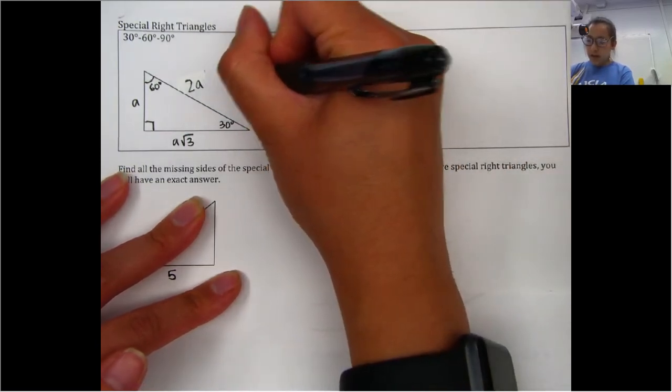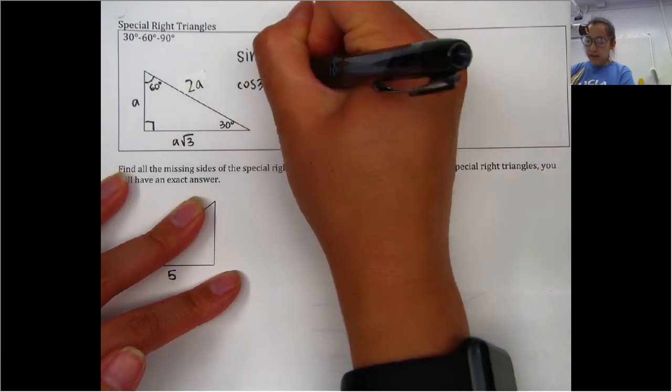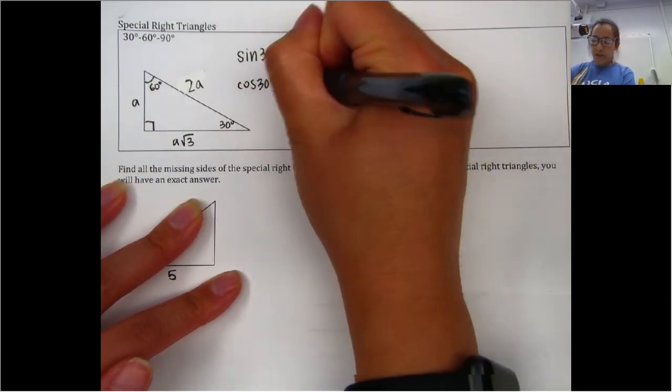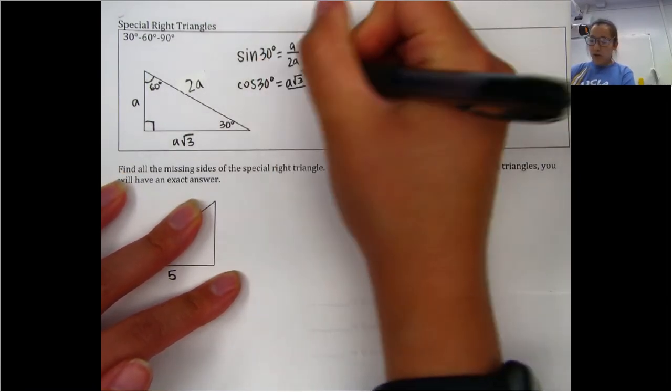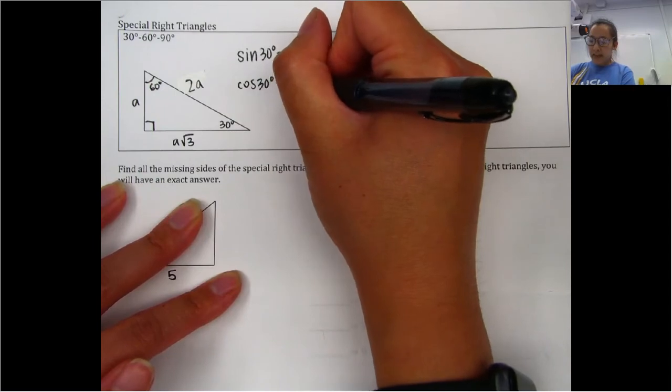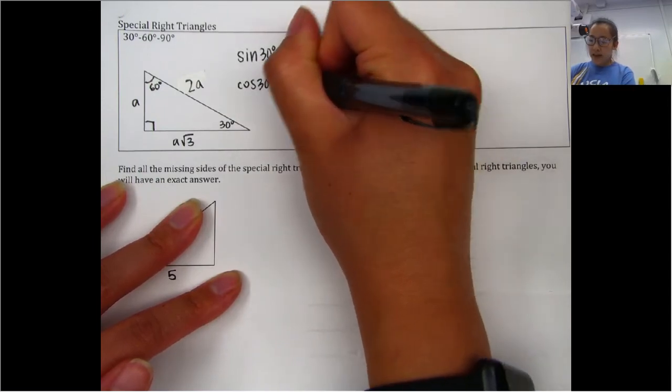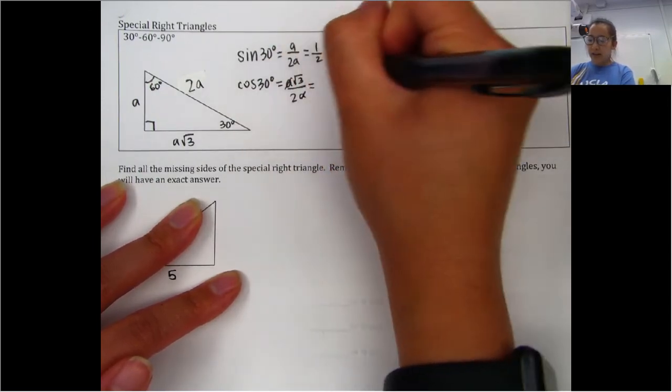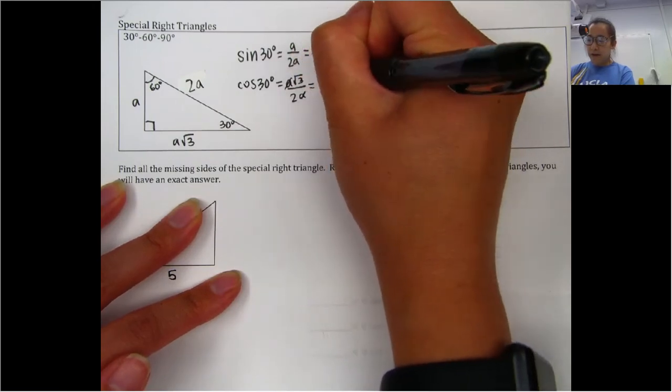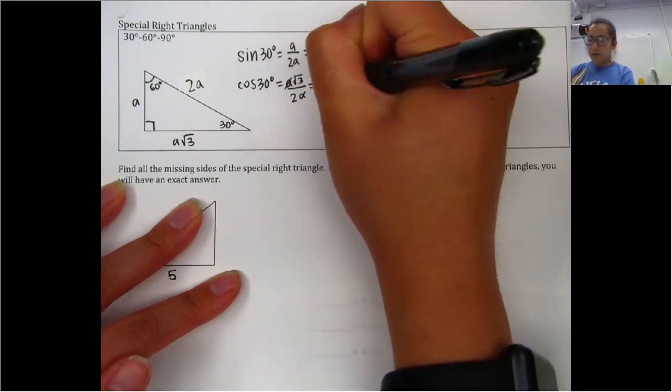And then cosine of 30 degrees is going to be A root 3 over 2A, and then again the A's will divide out, and so you have square root of 3 over 2.